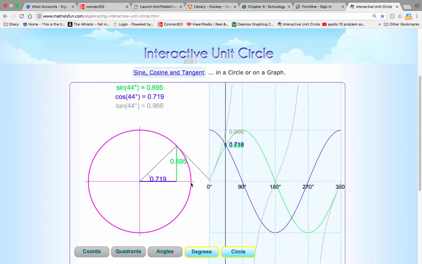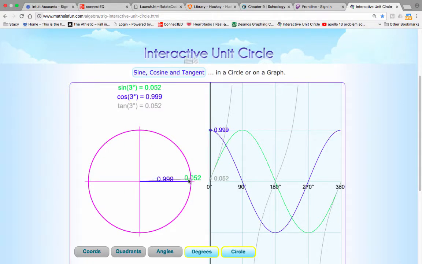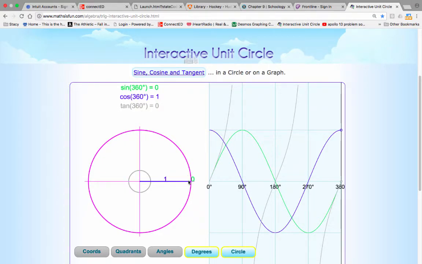So if you take a look at this, and I come down here to 0. Okay, so we talked yesterday about the unit circle where the x-coordinate is the cosine and the y-coordinate is the sine.